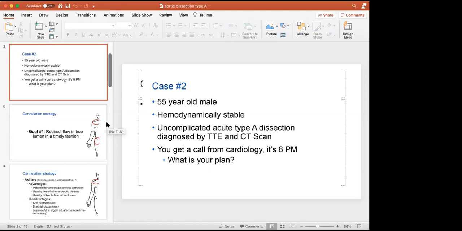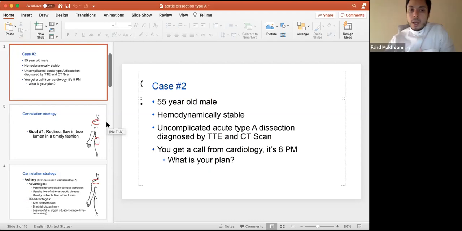Okay. I'm going to start with the femoral cannulation. No, before that, the patient is not asleep yet.